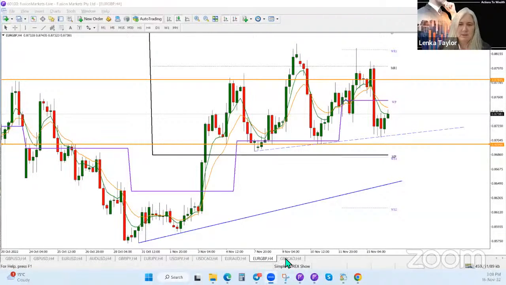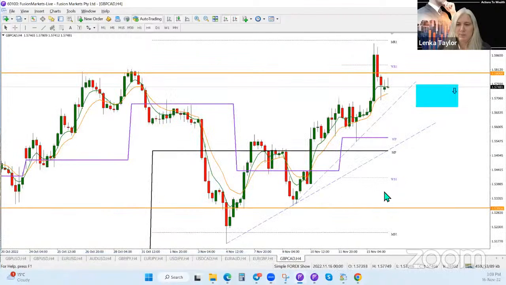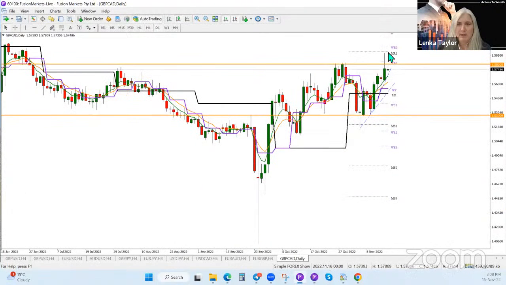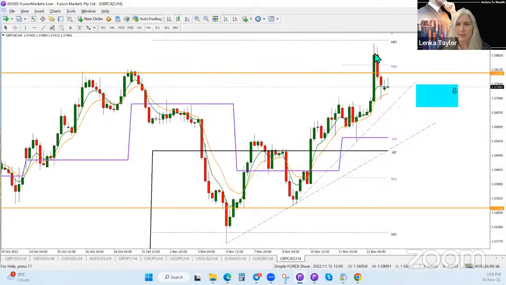And the last currency pair is GBP CAD. And GBP CAD, I'm at the moment looking for short opportunities. We have had the bar pop up above that previous level of resistance, but it only closed and came straight back.